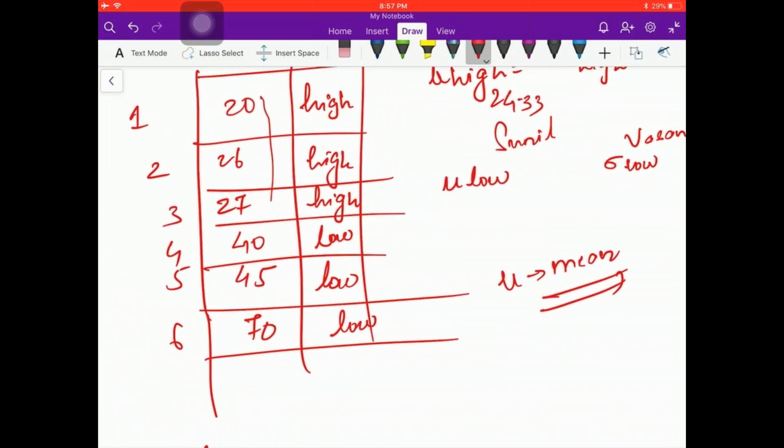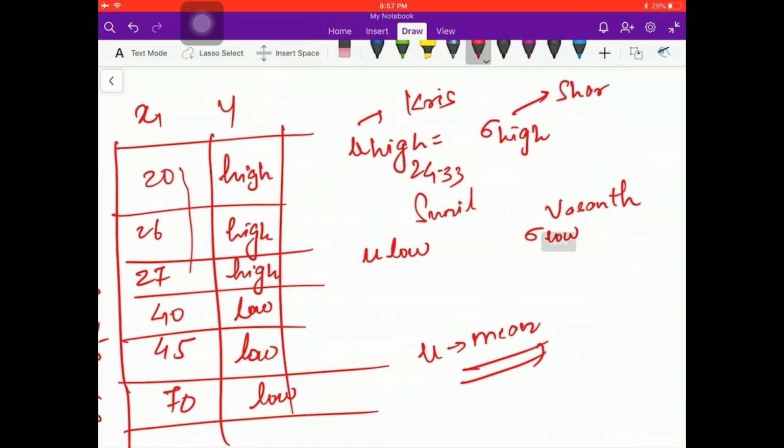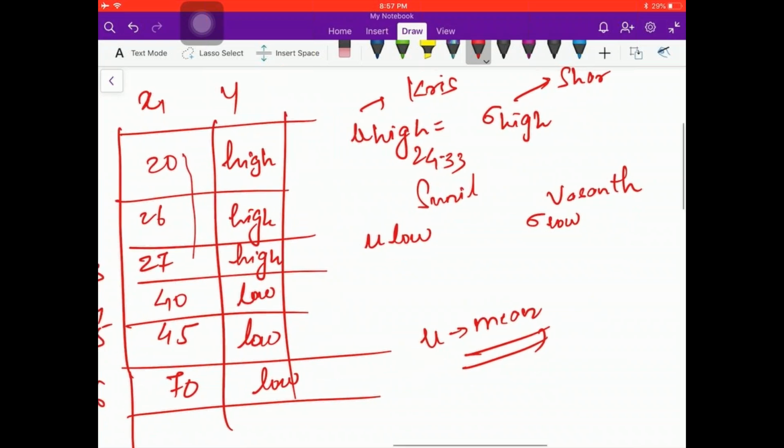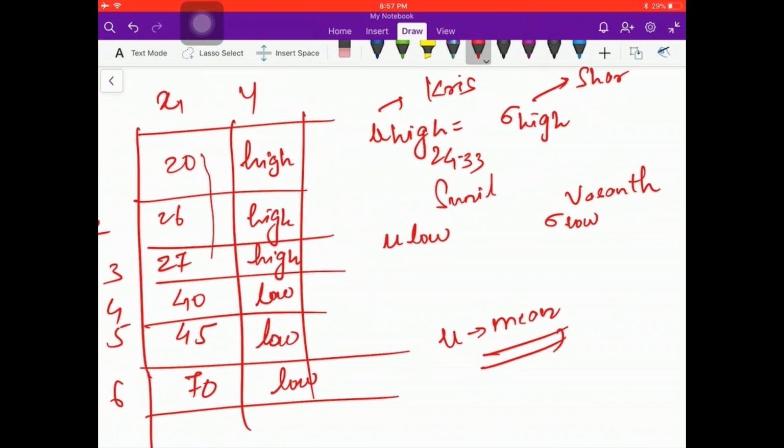I think it's 51.6. That's Vasant, right? Sigma low, right? Which one are you telling? No, mu low. Okay, mu low, let's see. 85 plus 70, 155 divided by 3 is around 51. Yeah, 51.6.